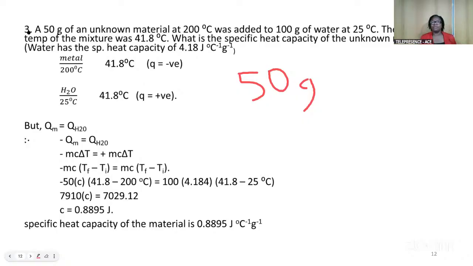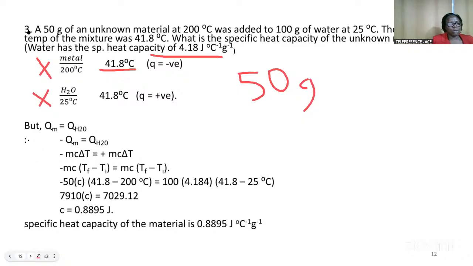So what is the specific heat capacity of the unknown material if the specific heat capacity of water is given as joule per degree Celsius per gram? What you need to do is look at the conditions that you were given. You were given a metal at 200 degrees Celsius, and a final temperature of 41.8 degrees Celsius. You were also given water.